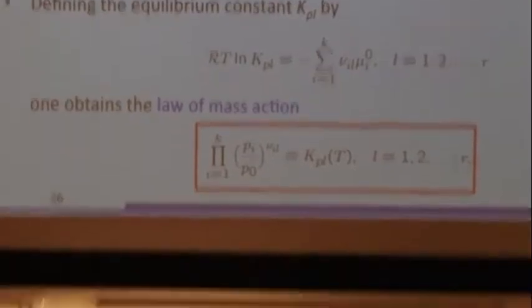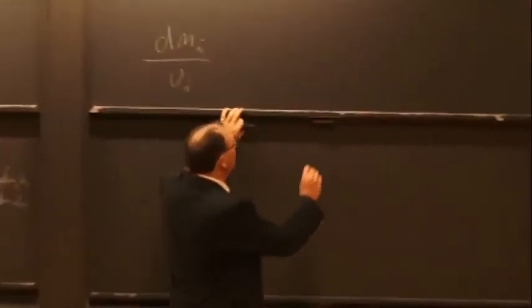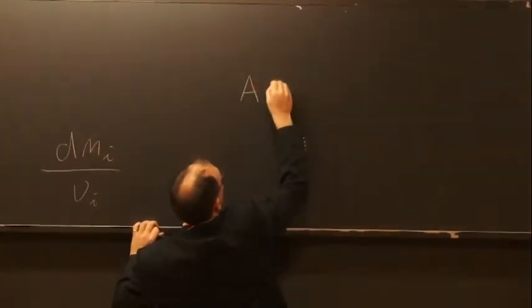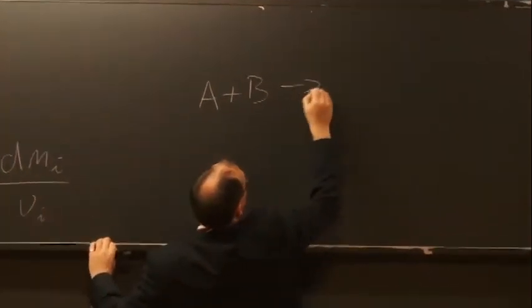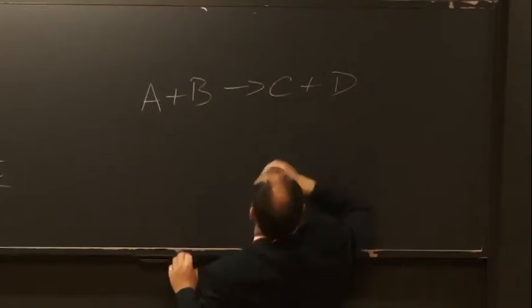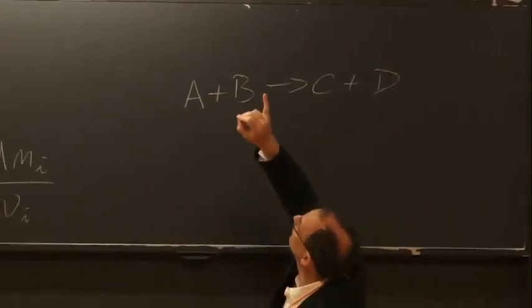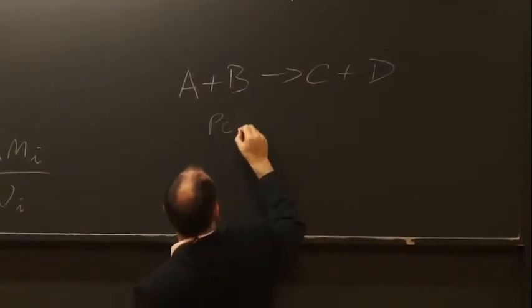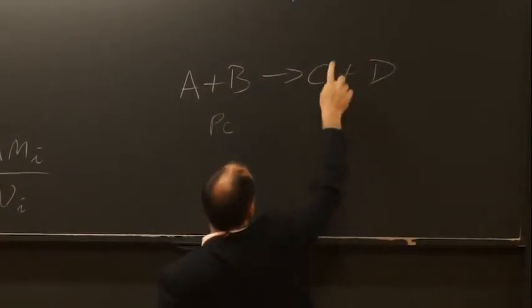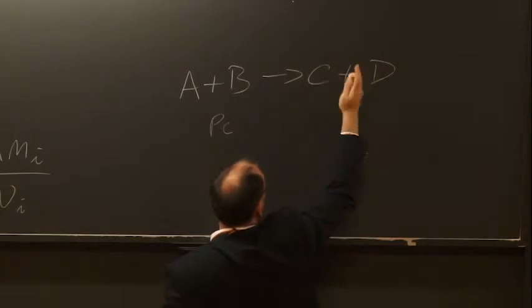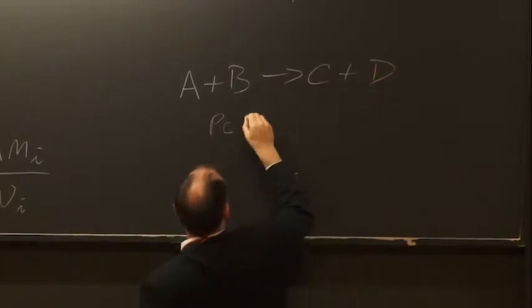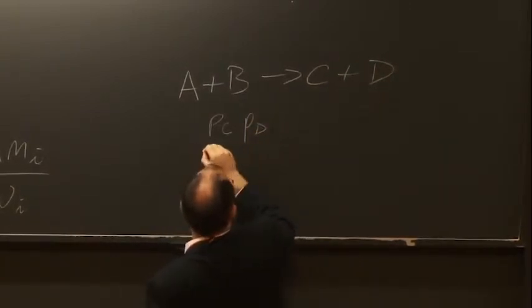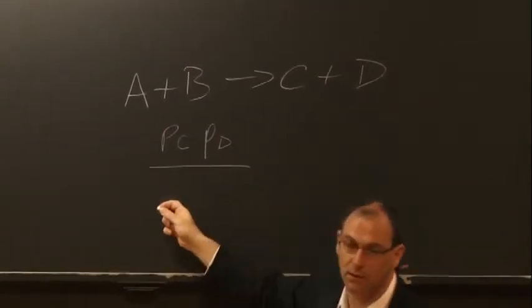So if I have a reaction A plus B goes to C plus D, then this will be the partial pressure of C to the 1 power, stoichiometric coefficients are all 1, times P_D divided by P naught squared.